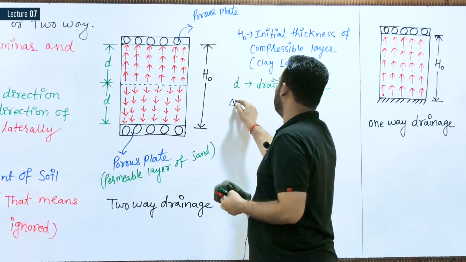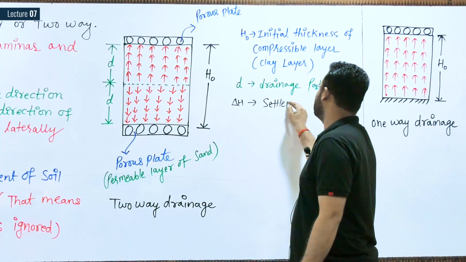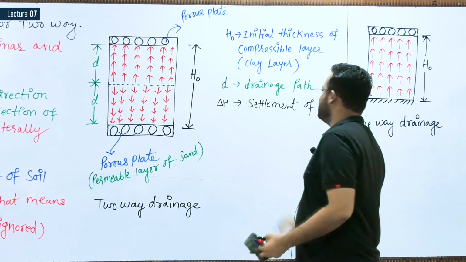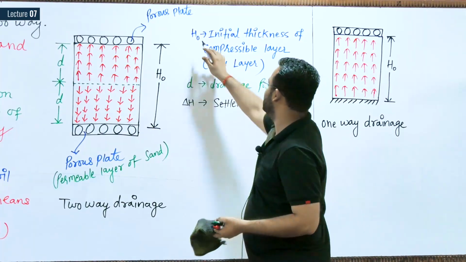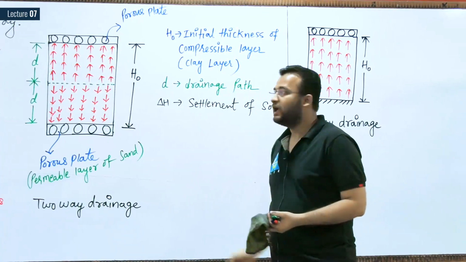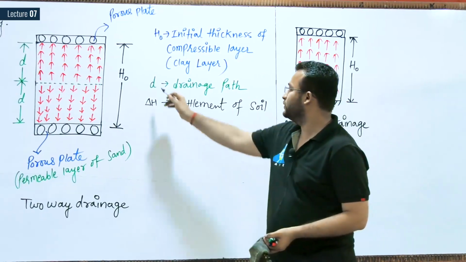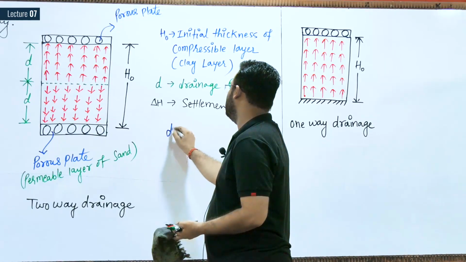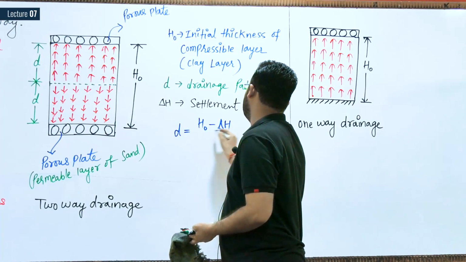Delta H is the settlement, or compression, of the soil. The net height available is H0 minus delta H, and it is divided by 2 to get the drainage path. So the drainage path D can be written as (H0 minus delta H) divided by 2.